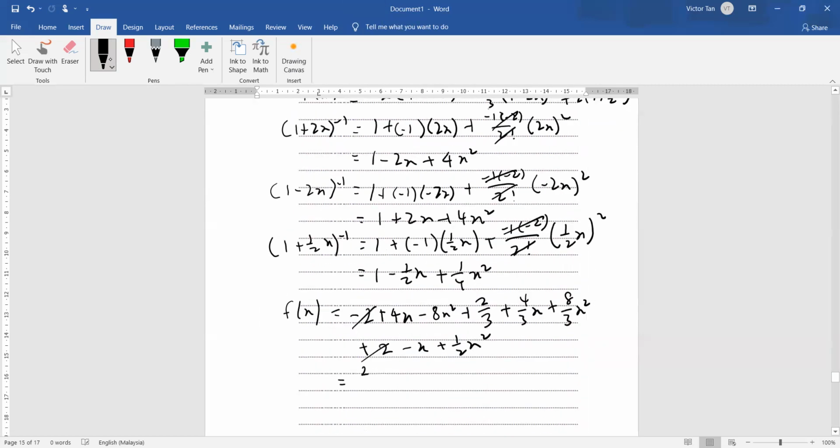So it is just 2 over 3, 4x plus 4 over 3 x, 16 over 3 minus x, 13 over 3. Minus 8x squared plus 8 over 3, 24 minus 8, 16, minus 16 over 3. So this is 32 over 6, 29 over 6.